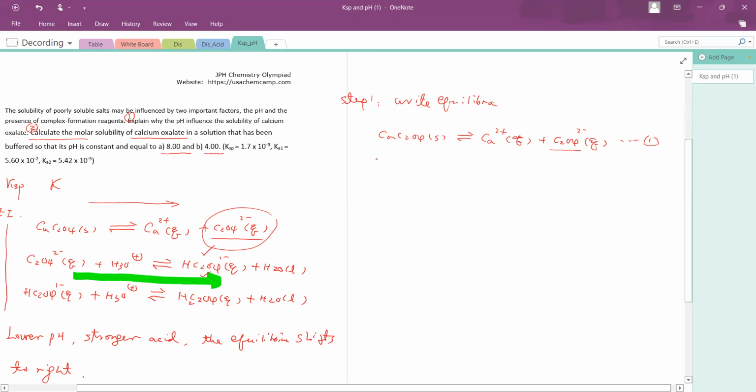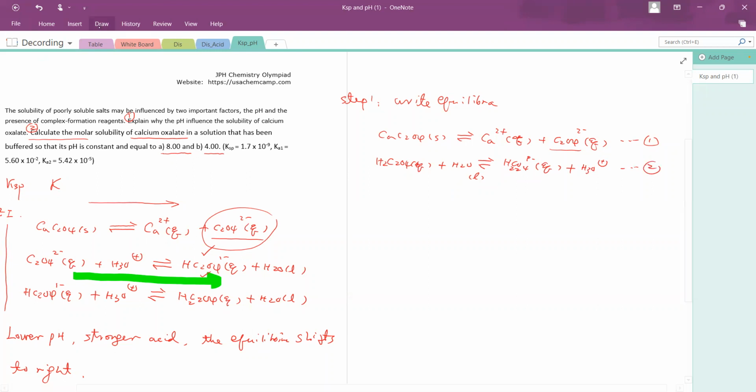The first one is related to K1 or Ka1, that's aqueous. This is equation 2. Let me write this better, okay?